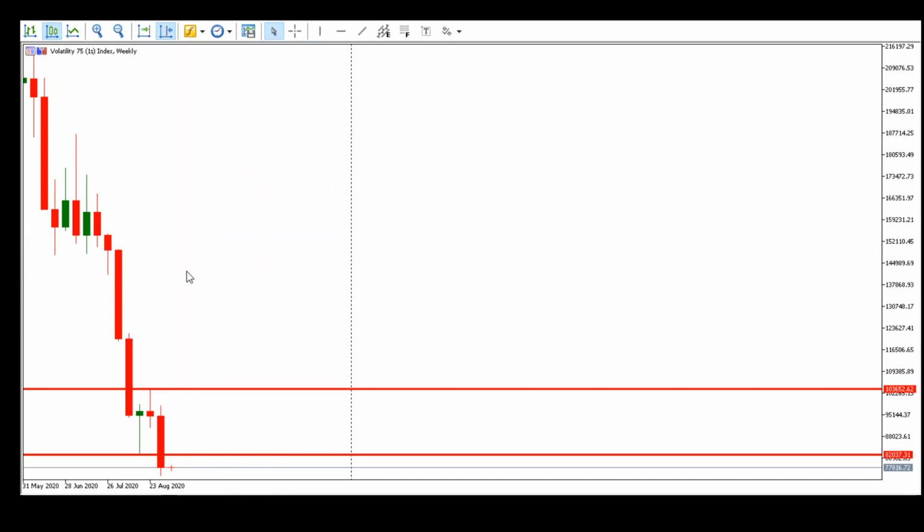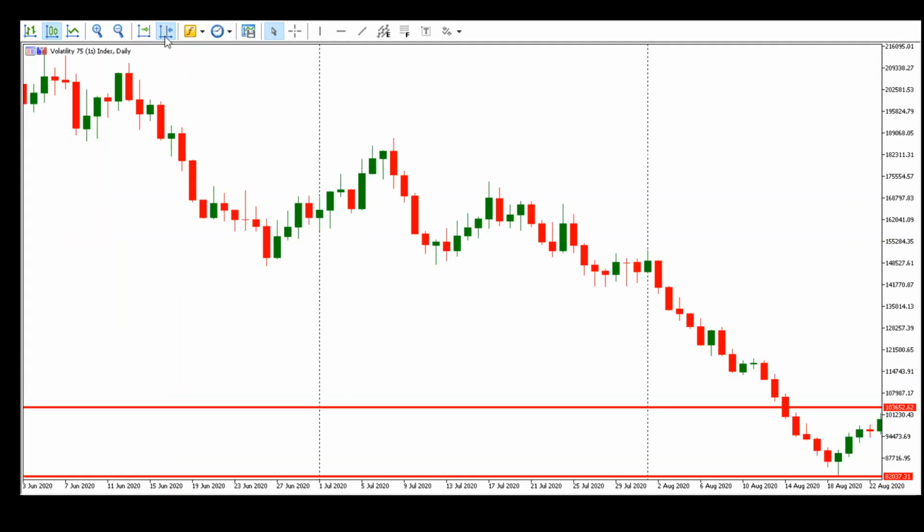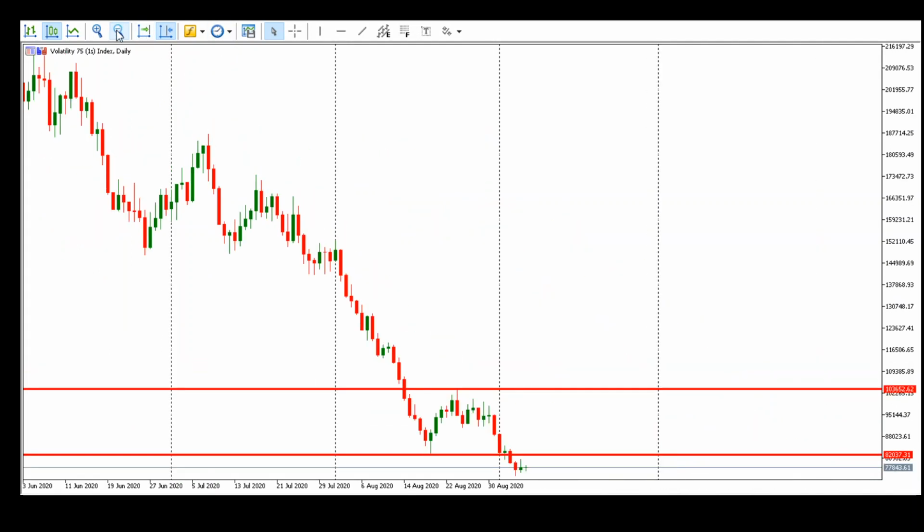So what we need to focus on here is the daily time frame, because we know we have already started a new month. I need to check the price action at the daily time frame. That is what I always do.